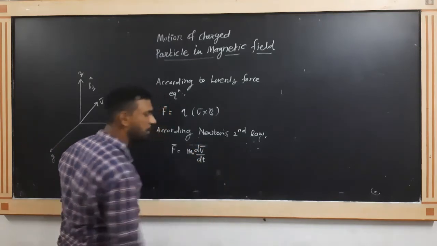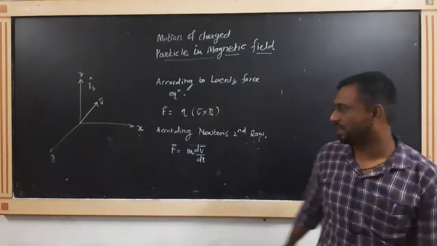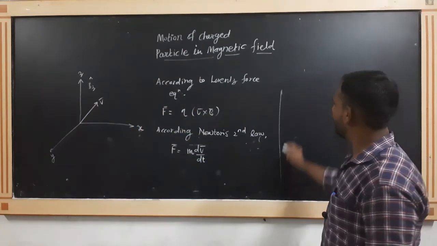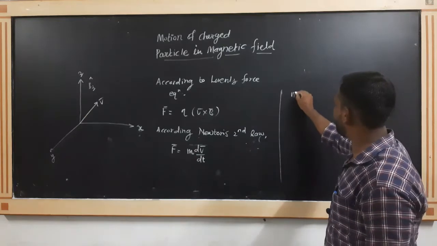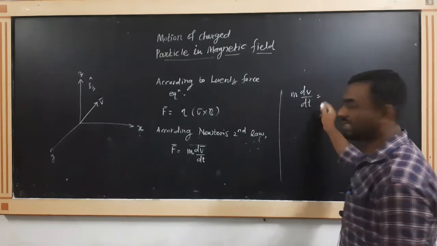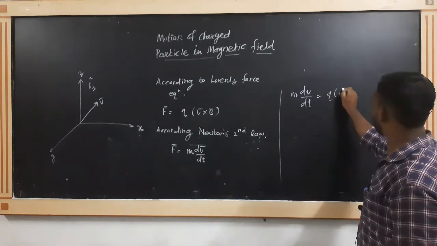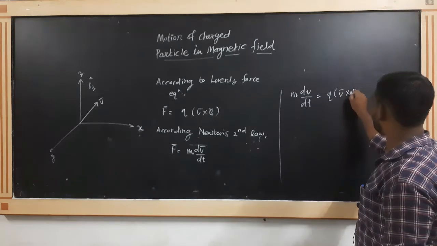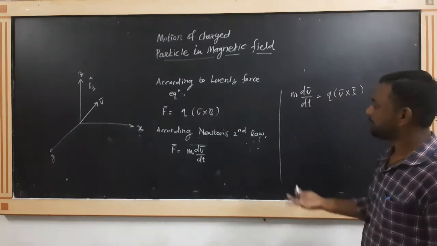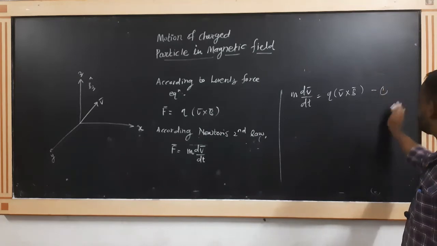Combining these two equations, we get the resultant equation for the force: M dV by dt is equal to Q V cross B. We already discussed this quantity in the last lecture. So this is equation number 1.